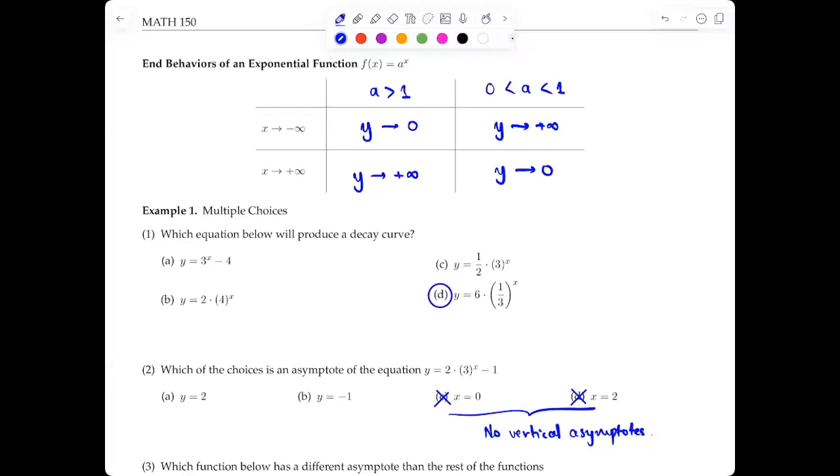But remember, you shifted it down by 1 unit. You with me? So therefore, y approaches -1. Again, without the -1, the end behavior tells you that the function will approach 0. But now we shift it down by 1 unit, so the function will approach -1. So the answer is 3.